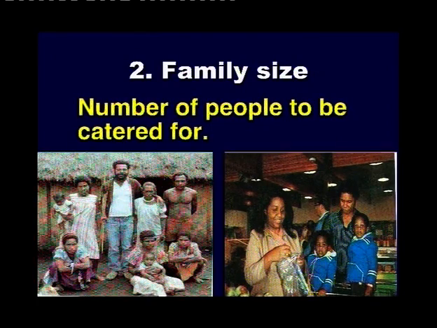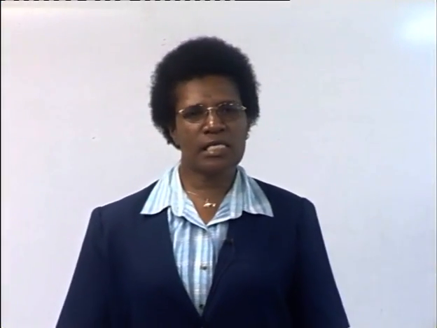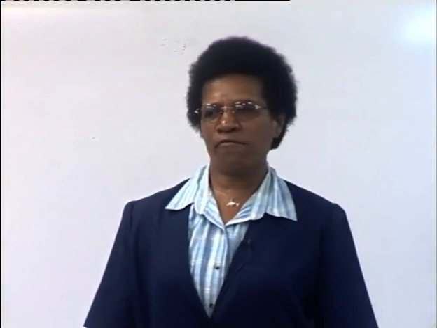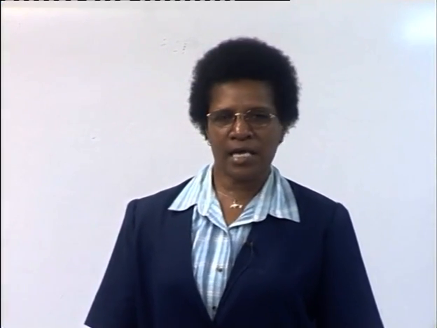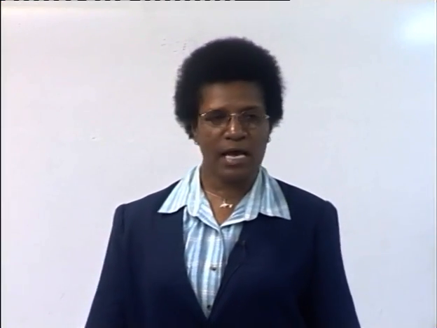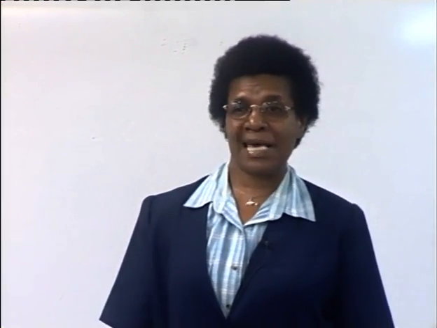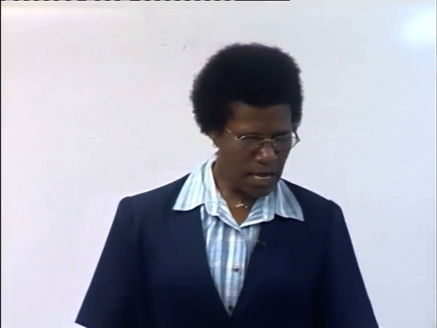Very good. Whether the family is a small family of 4, father, mother, and the children, or a big family, where it has father, mother, grandmother, grandfather, and the children. So the second one is family size.